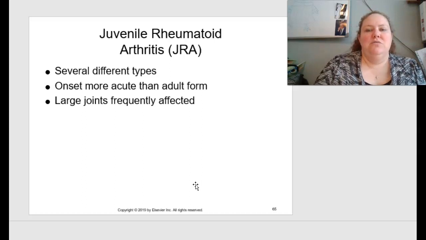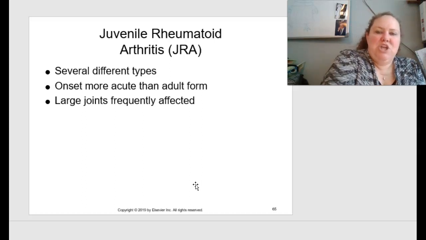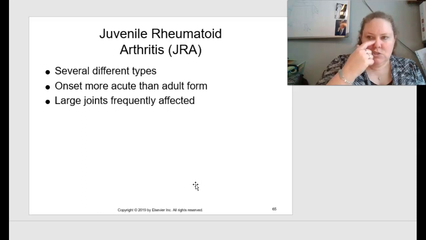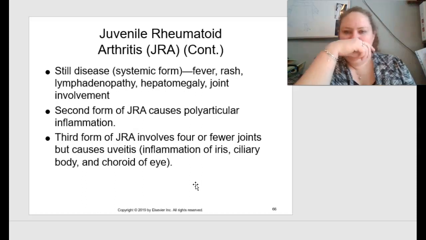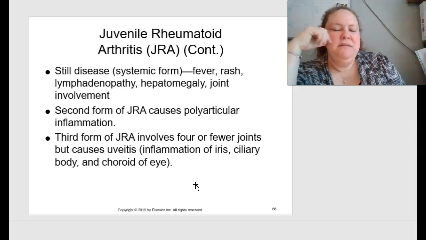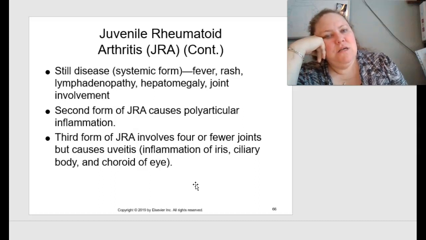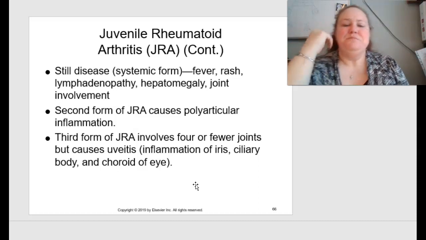What about juvenile rheumatoid arthritis, otherwise known as JRA? Well, there are several different types of these, and the onset is more acute than the adult form, and the large joints are going to be the ones that are frequently affected. So, this is the Still disease, or the systemic form. It would cause fever, rash, problems with your lymph nodes, problems with your kidneys, and joint involvement.